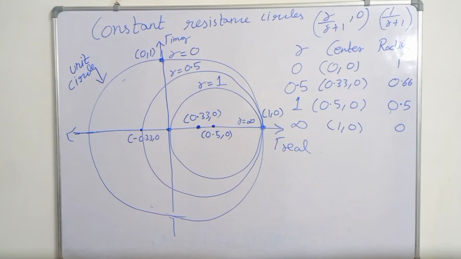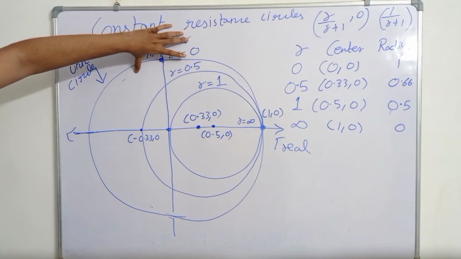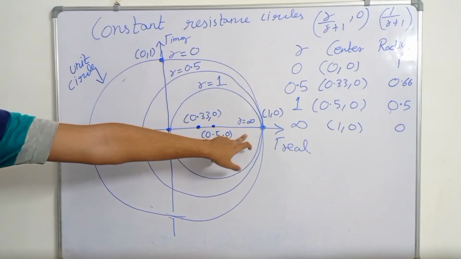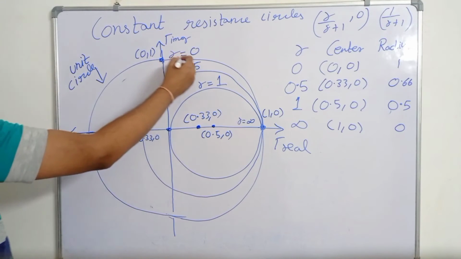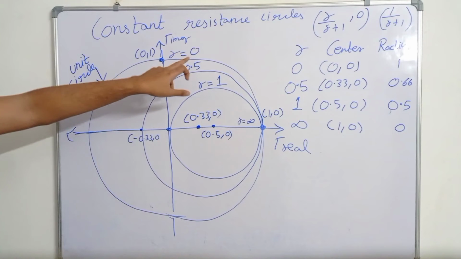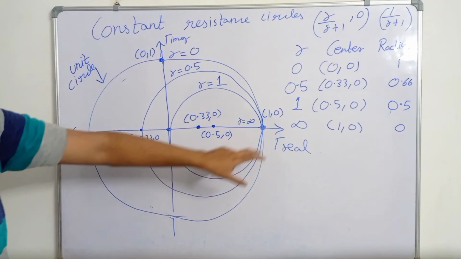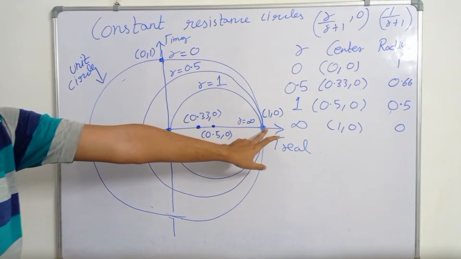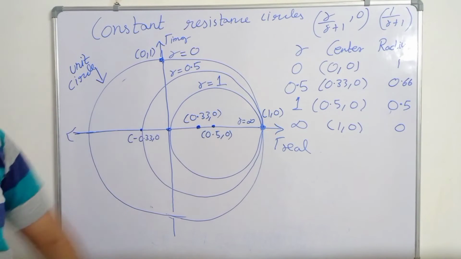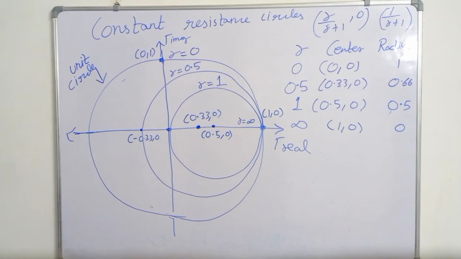As we increase the value of r, their radius gets reduced, and at r equal to infinity it will be a point only, with center 1 comma 0.